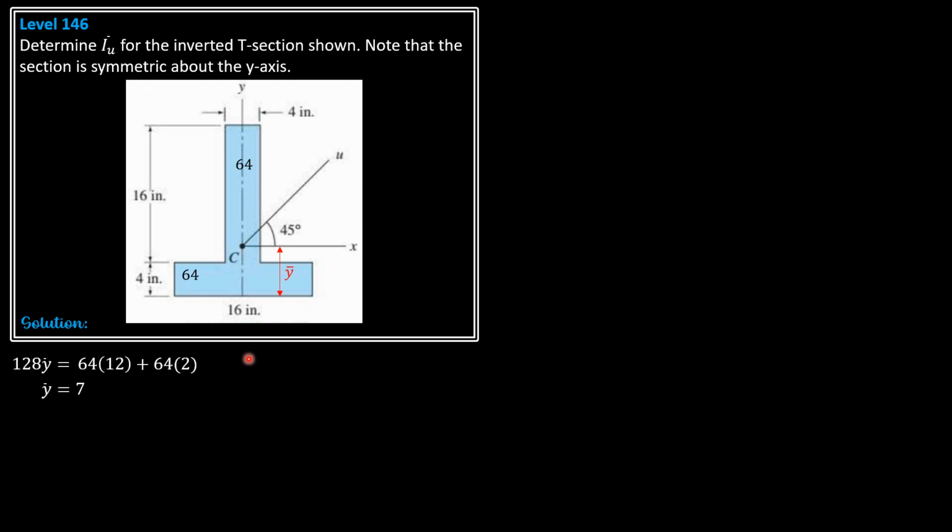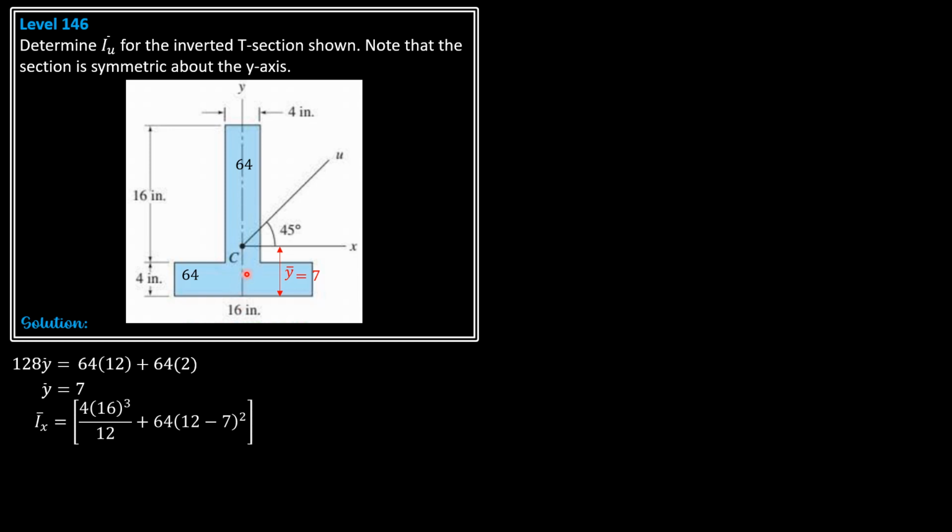Then for Īx, we use the parallel axis theorem for the upper area. 4 times 16 cubed over 12 plus 64 times the quantity 12 minus 7 squared. So Īx equals 4 times 16 cubed over 12 plus 64 times the quantity 12 minus 7 squared.